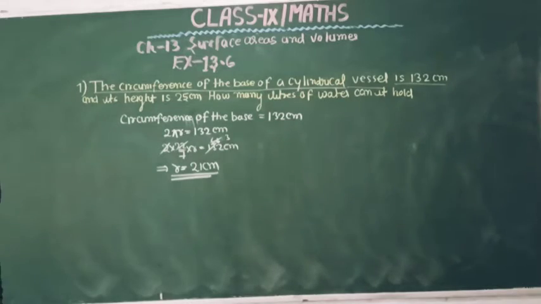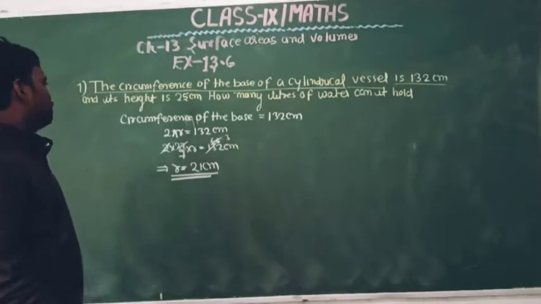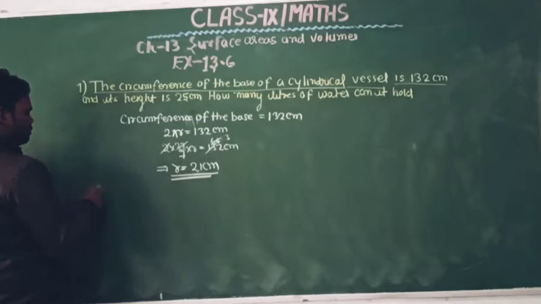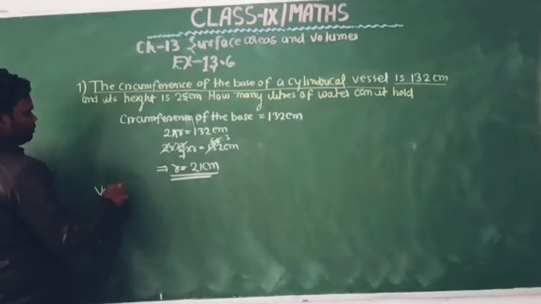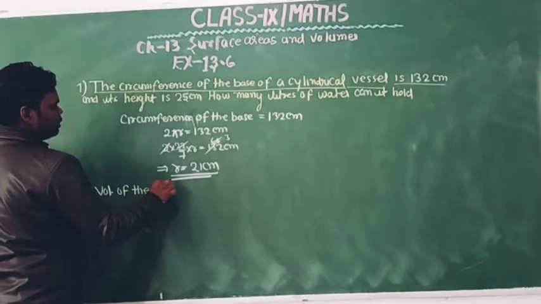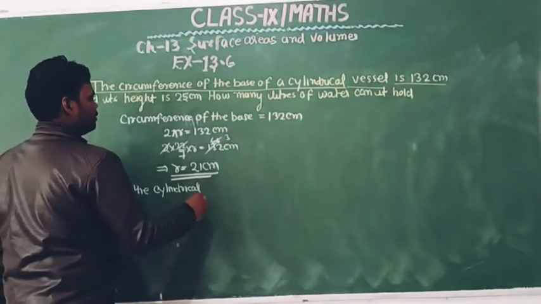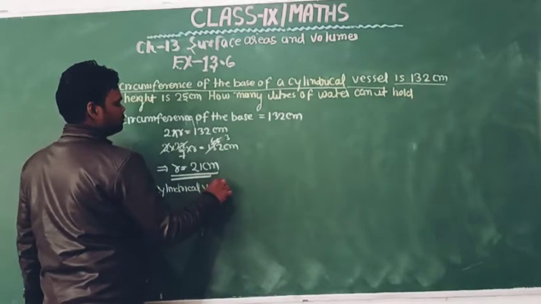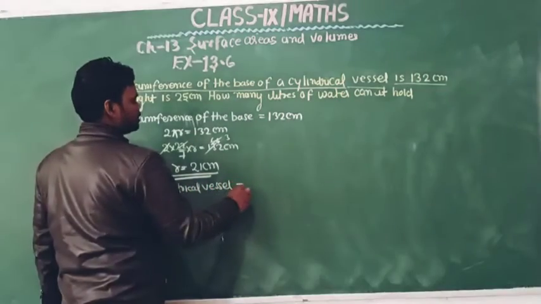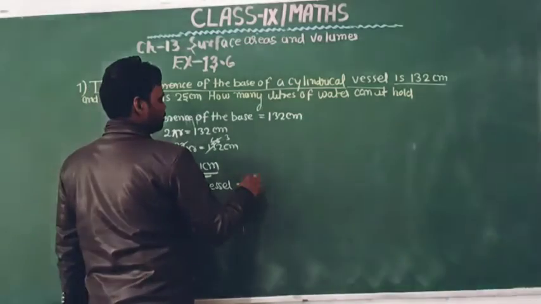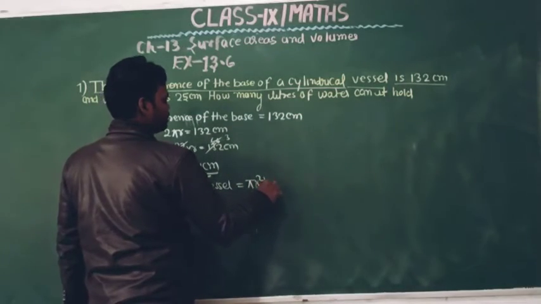Now find the volume of the cylindrical vessel. The volume of the cylindrical vessel equal to pi r square h.